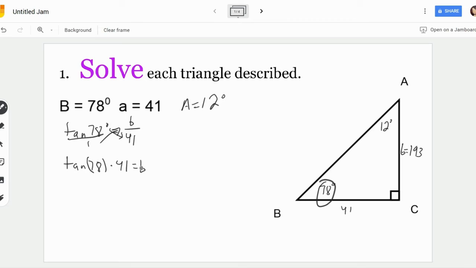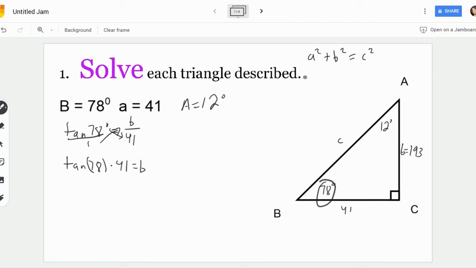Now we have a couple options to figure out the hypotenuse as well. Really, we could use Pythagorean theorem here, because we have 41 and 193. And so we could do a squared plus b squared equals c squared. So that's a good thing to remember, so maybe I'll do that this time. C is always your hypotenuse.